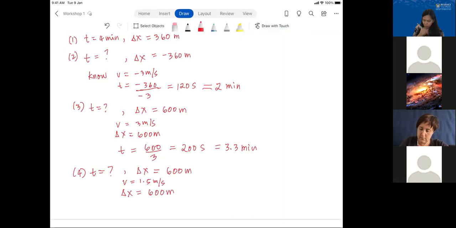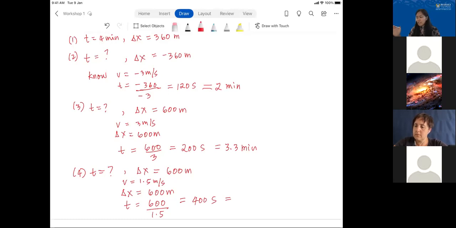So you can work out the time: 600 meters divided by 1.5 meters per second is 400 seconds, just double. You need to convert that to minutes, and you can work out that 1 minute is 60 seconds.